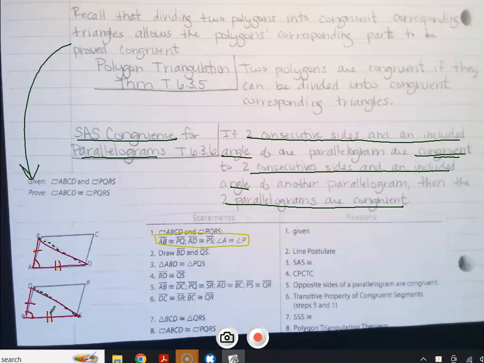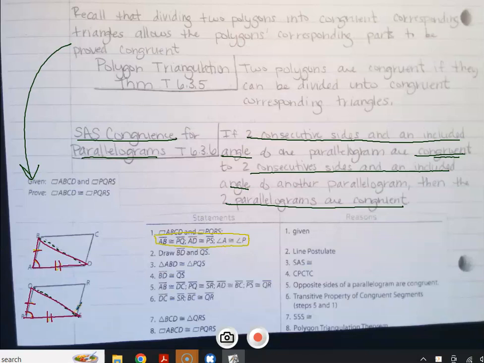And then they could say that those diagonals, BD, was congruent to QS. Then they listed all their opposite sides are congruent. Use your transitive property of congruent segments.